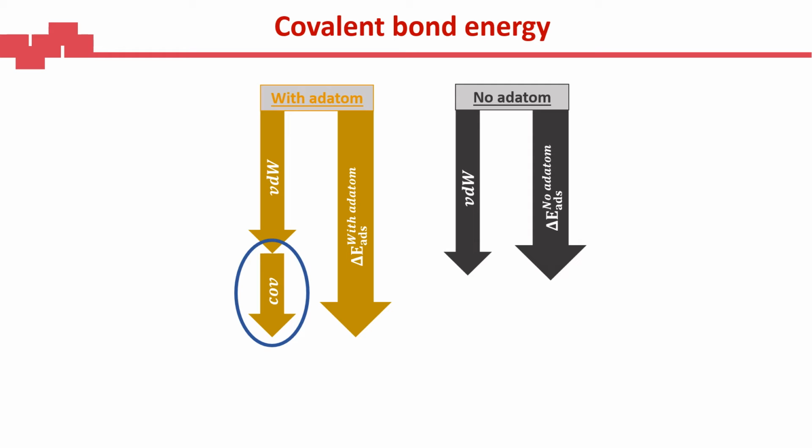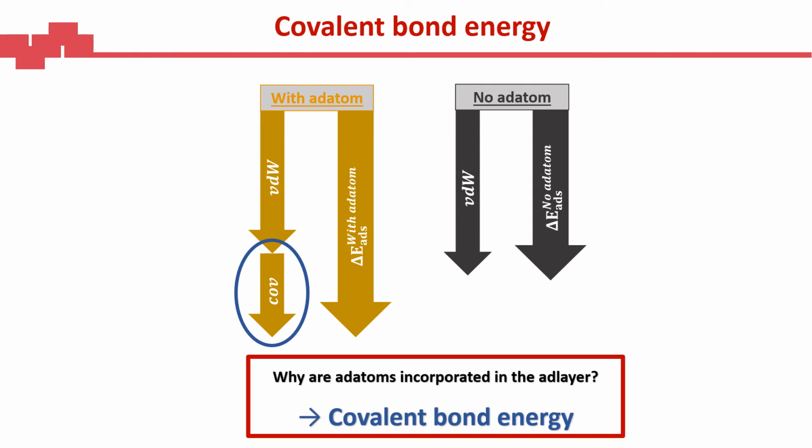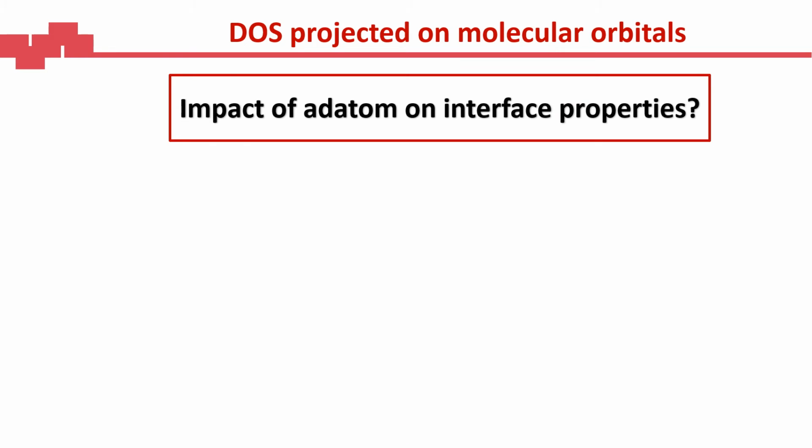But the significant part of the whole adsorption energy with adatoms is because the F4TCNQ molecule is covalently bound to the adatom. And with this, we can already answer our first question, namely, why are the adatoms incorporated within the adlayer? And the answer simply is because they covalently bond to the F4TCNQ molecules. And this brings us to the second question, namely, what is the influence of the adatom on the interface properties?